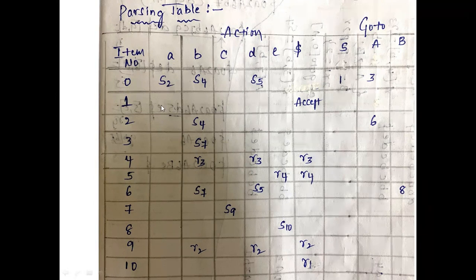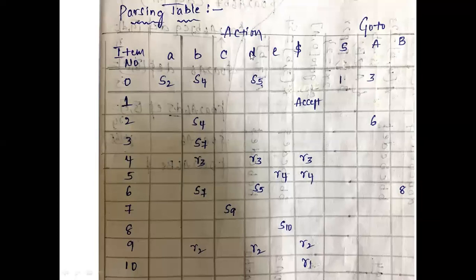Why? Because when I am performing the action of 0 and A, I need to perform the shift operation. So for that purpose, I change the item alphabet I to S when representing it in the parsing table. And 0 with B is I4 there, but when representing in the table, it is S4.